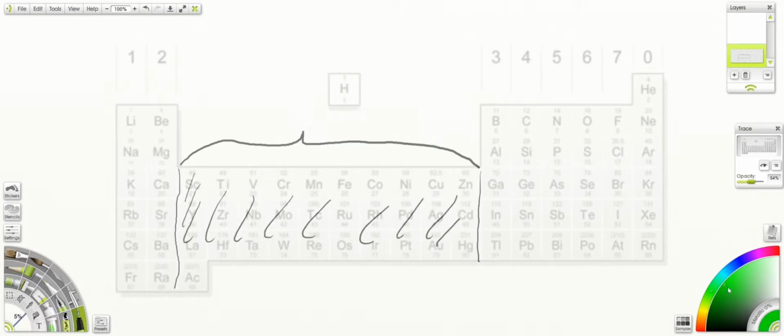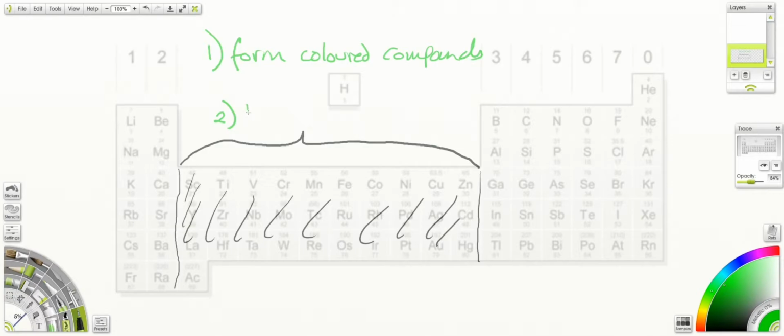What you need to know about transition metals is, as we've said already, they form colored compounds. The second thing you need to be aware of is they have a very high melting and boiling point.